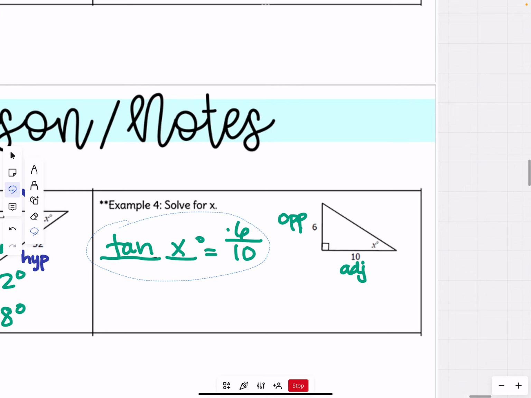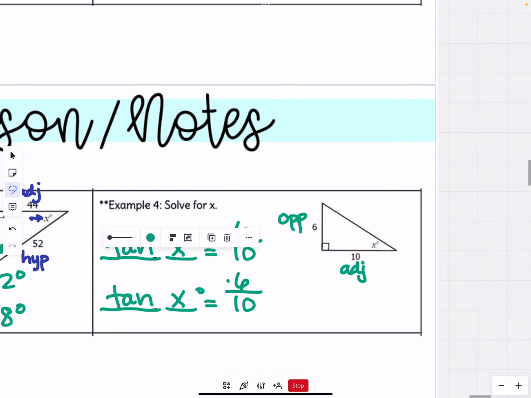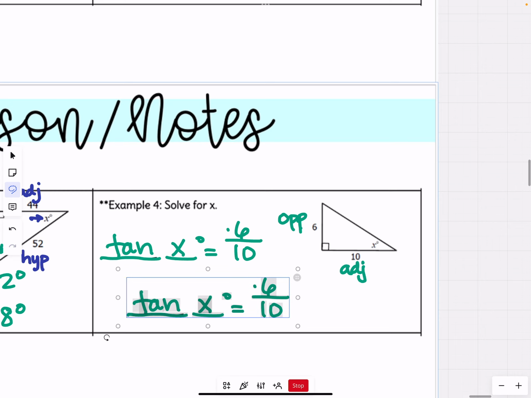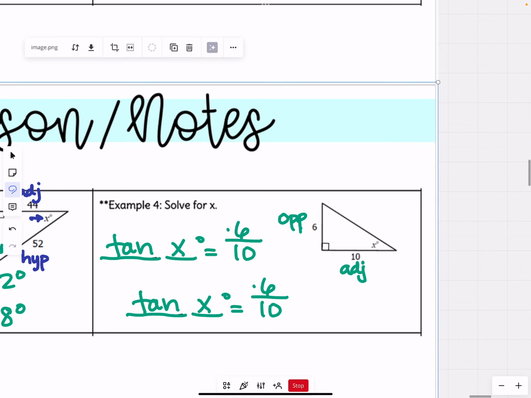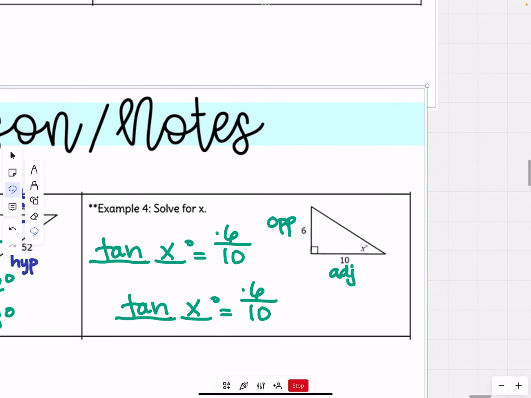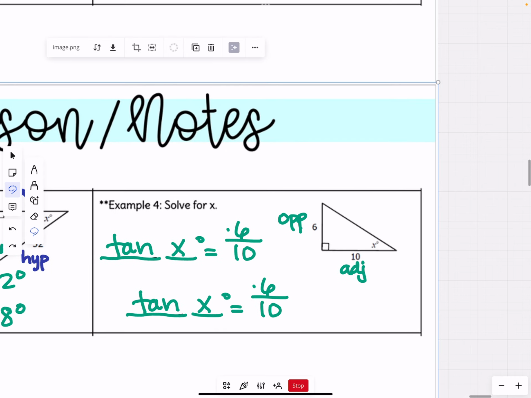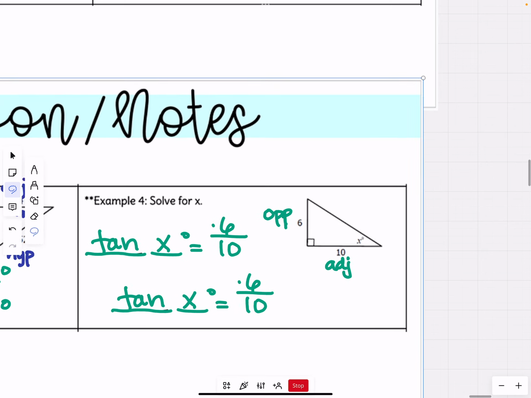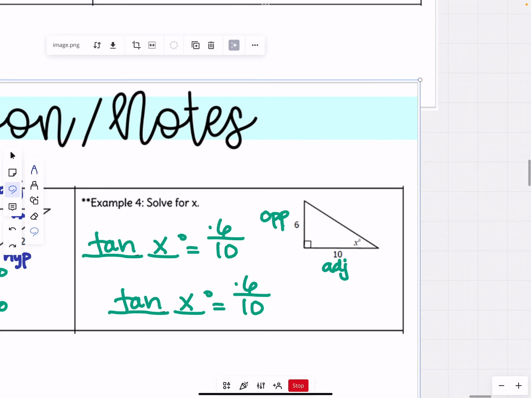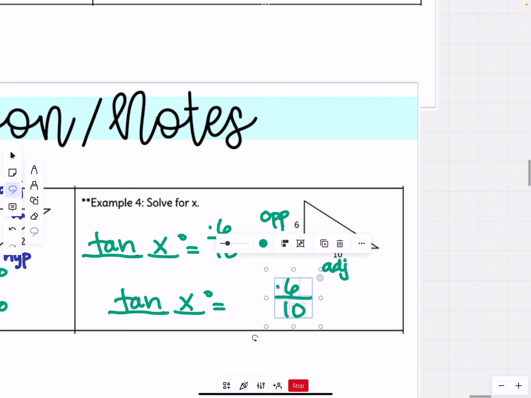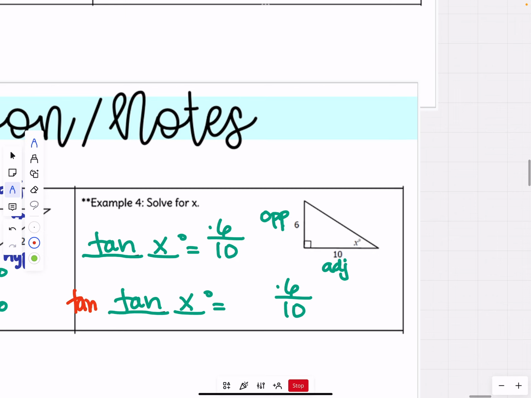So let's take that and duplicate it, and let's use our tan inverse. We'll use tan inverse here, and we'll use tan inverse here.